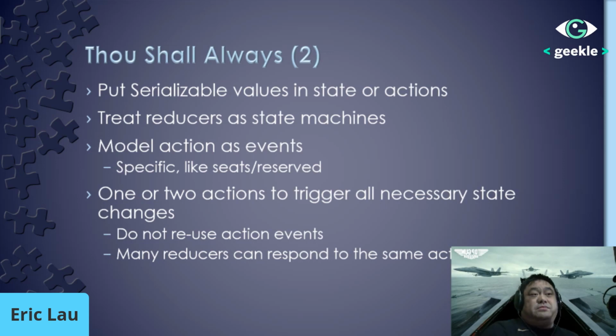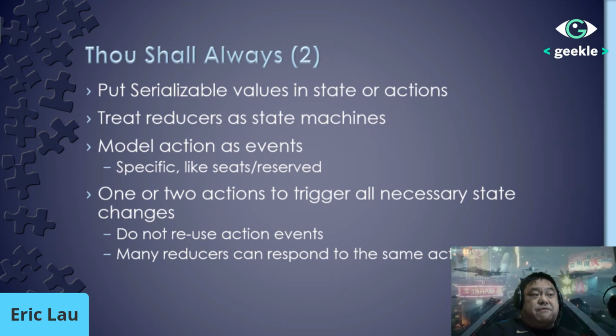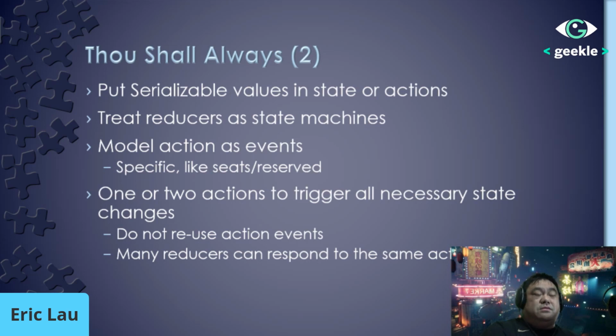And oftentimes, I think the more specific you are with the action, the easier it is for debugging or troubleshooting to know what things happened, right? How that action got triggered in the first place.